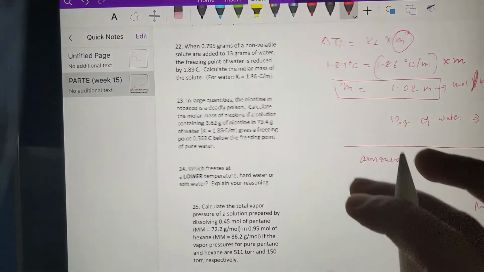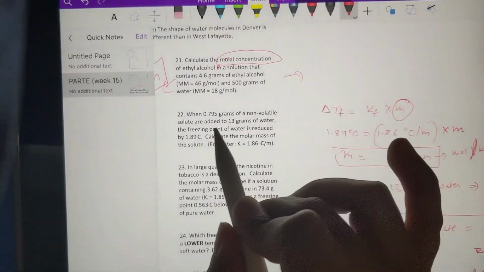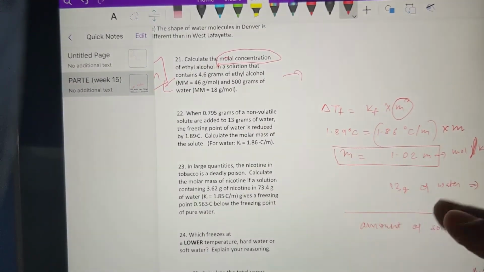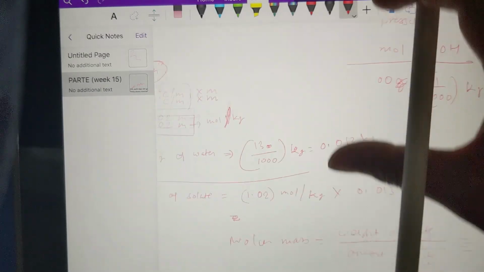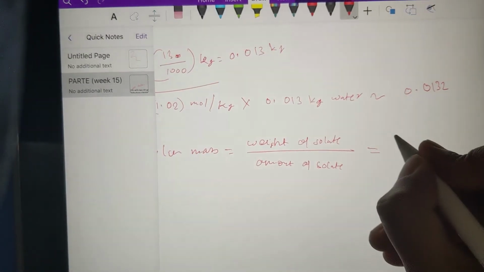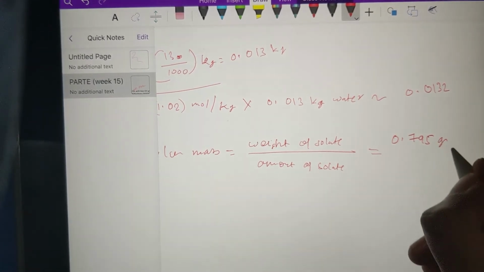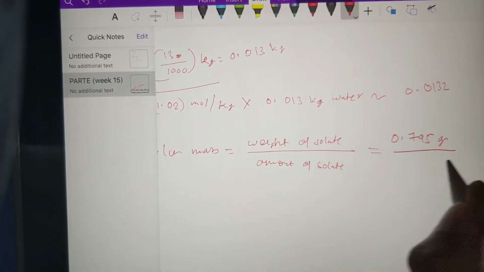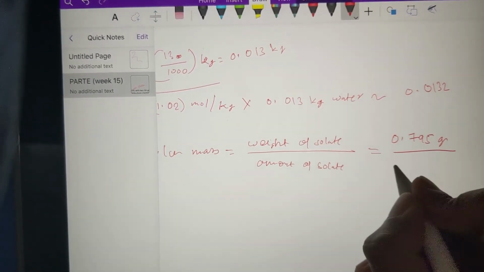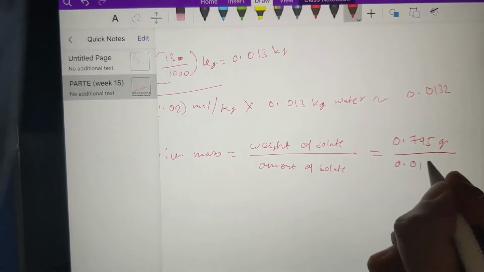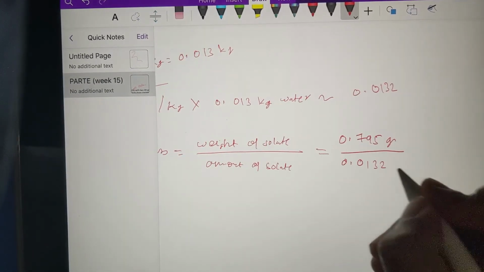So in the question, you have been given the weight of the solute is 0.795, and the amount of solute is around 0.0132 mole.